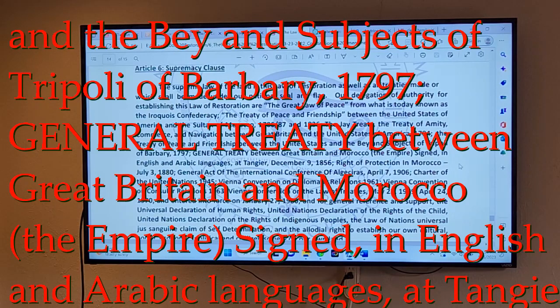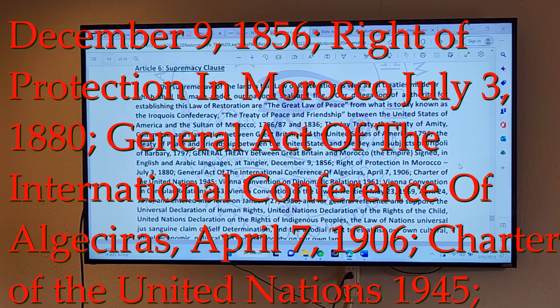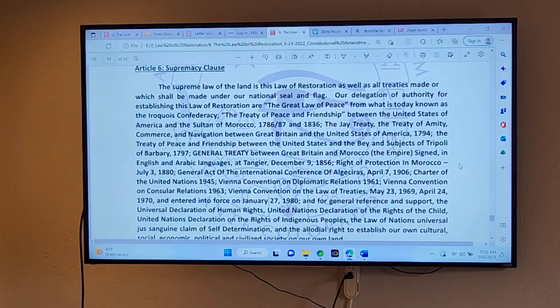General Treaty between Great Britain and Morocco, the Empire, signed in English and Arabic languages at Tangier, December 9th, 1856. Right of Protection in Morocco, July 3rd, 1880. General Act of the International Conference of Algiers, April 7th, 1906. Charter of the United Nations, 1945.